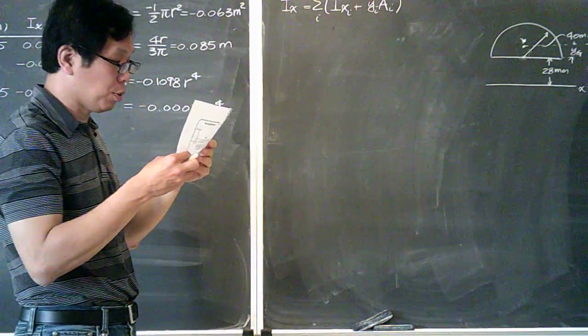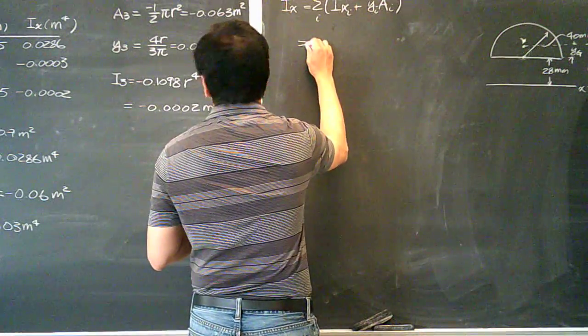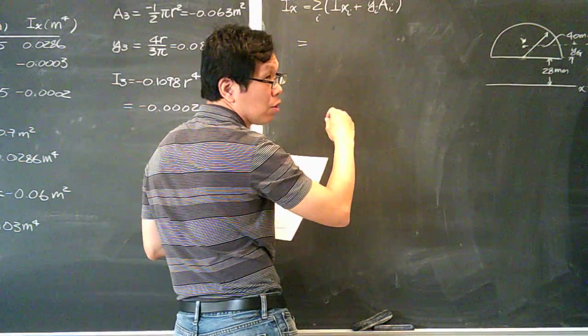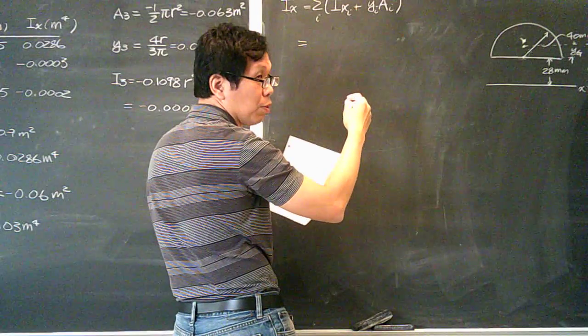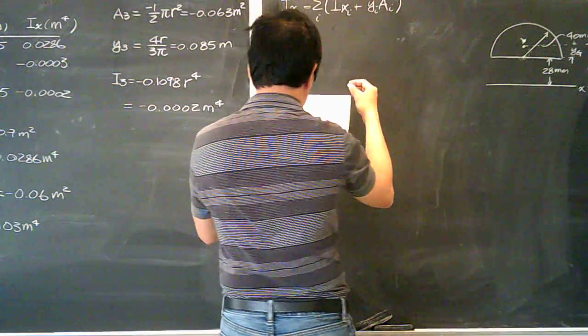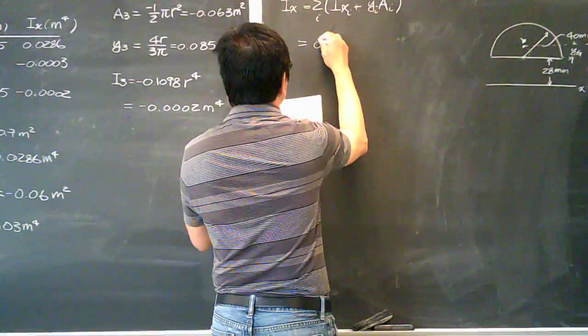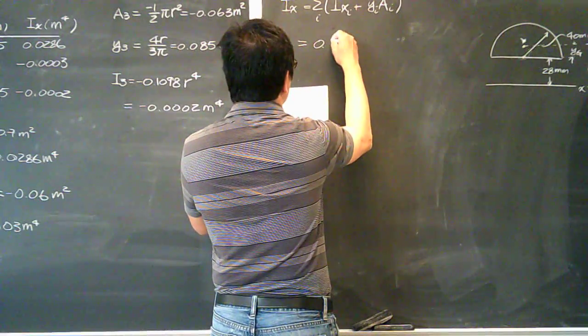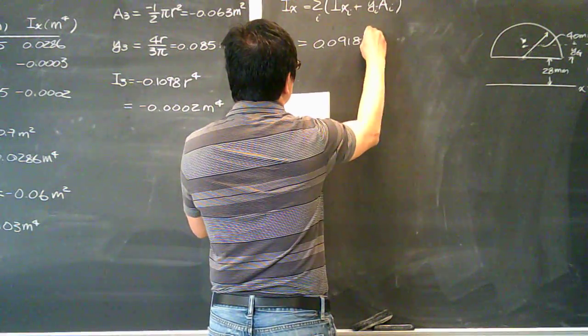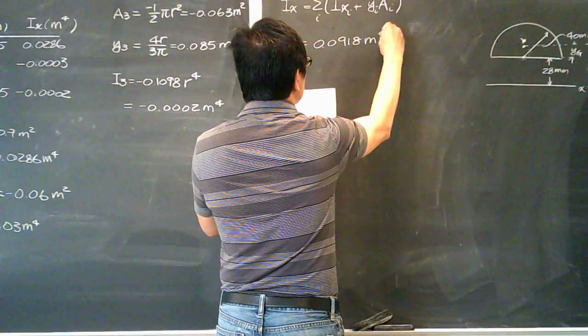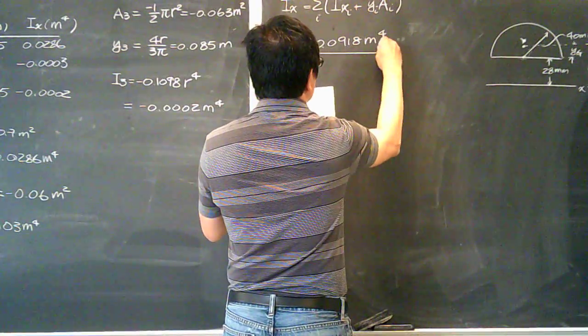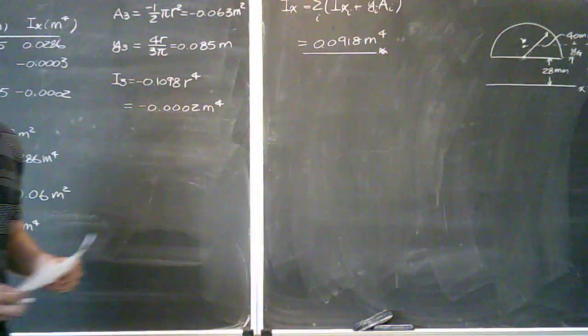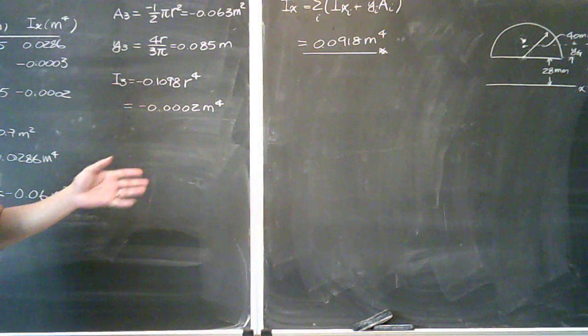So we can just put everything together. Total will be 9 terms, so it's going to be a long calculation. Make sure you won't put the wrong number in your equation. But if you do that, you're going to find this is the moment of inertia when we combine everything together.